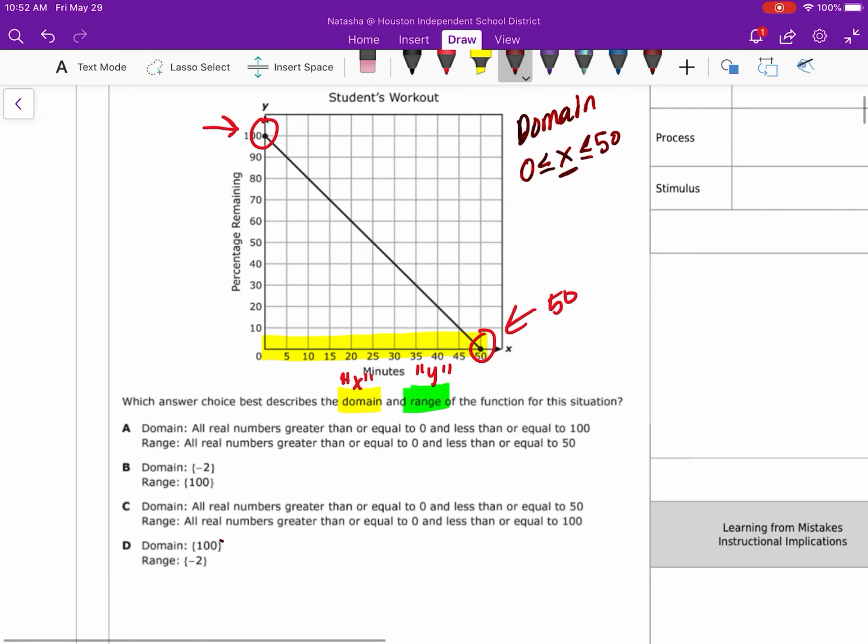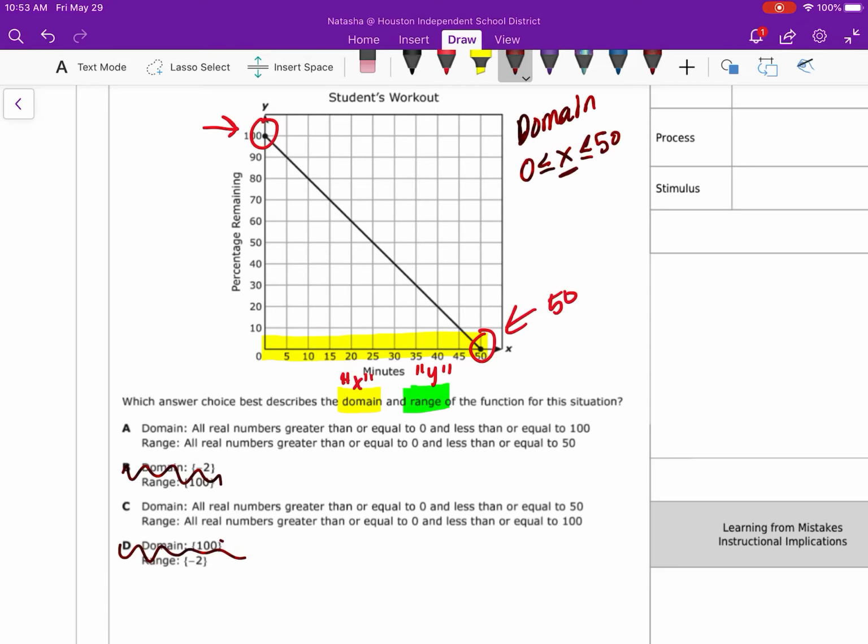Now, let me see. Can I eliminate any of my answer choices just by looking at my domain and just by what we just discussed? Yes, I can eliminate B and I can eliminate D because they have -2 in it. And we already said that we're not going to go into the negative region. So we can eliminate B and we can eliminate D. Technically, we probably don't even have to necessarily look at our range.